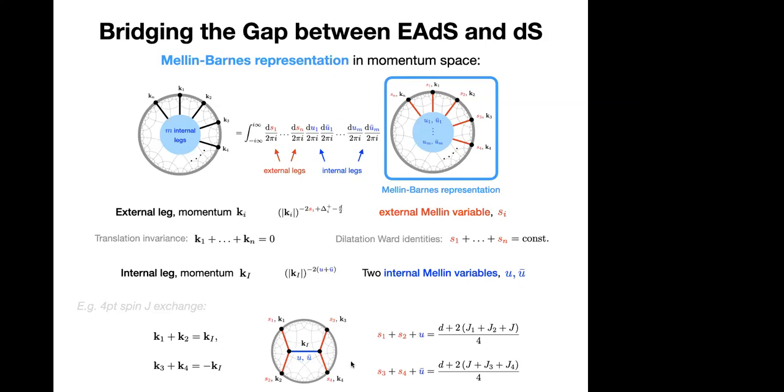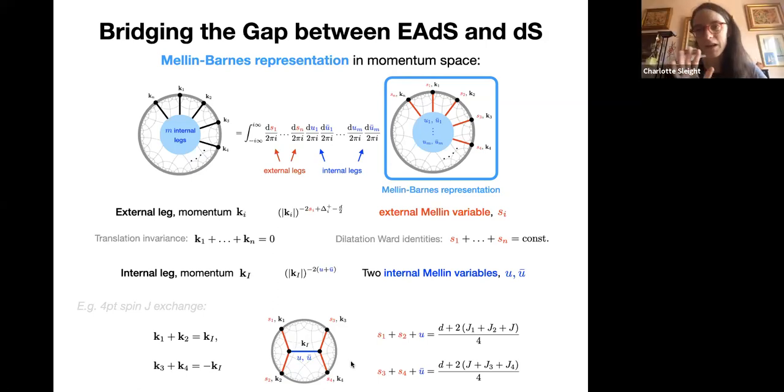Sorry, Charlotte, you said this, but I didn't quite understand it. So just from the bulk point of view, say in de Sitter space, you were saying the Mellin variables s_i can be thought of as some momentum, say, corresponding to the radial direction. Is that right? I mean, we didn't make it rigorous at all, but this is some way to try to think about it. Like these Mellin variables could be some kind of natural replacement of the momentum in the radial direction.